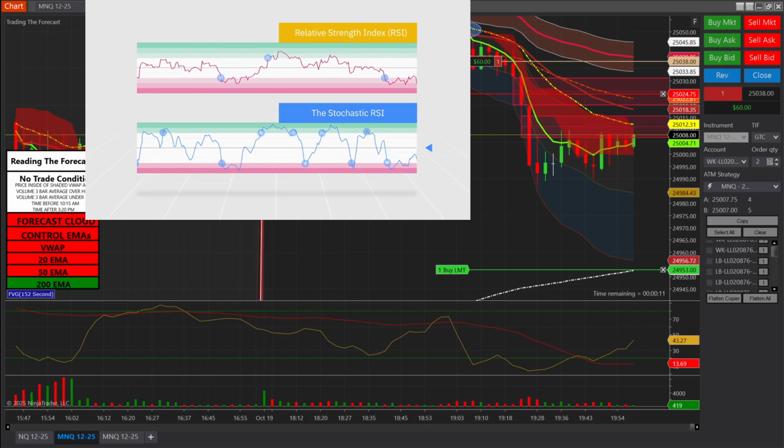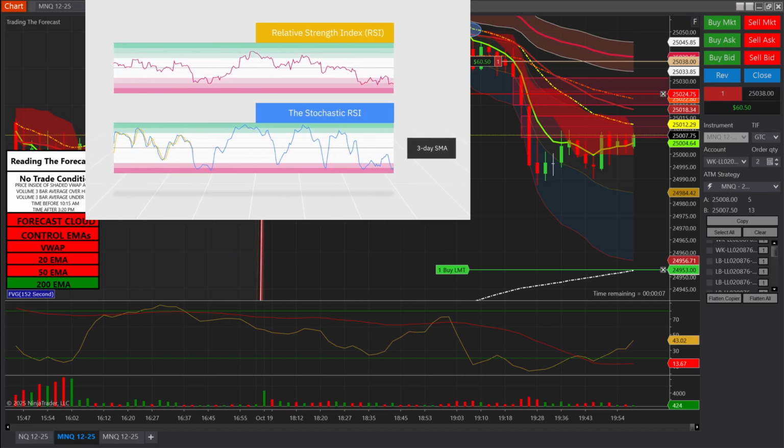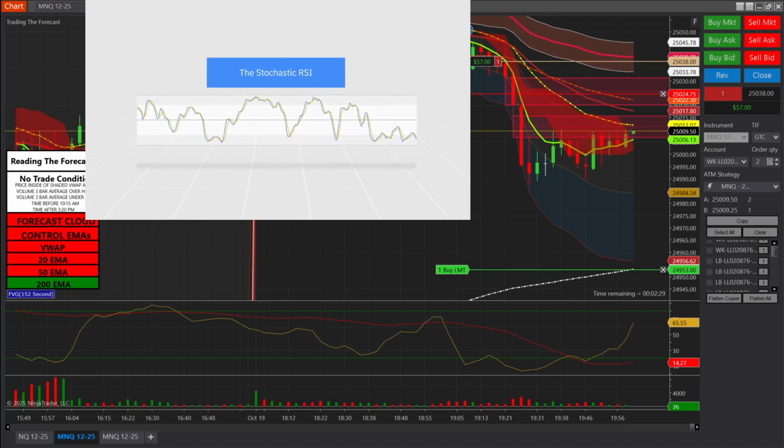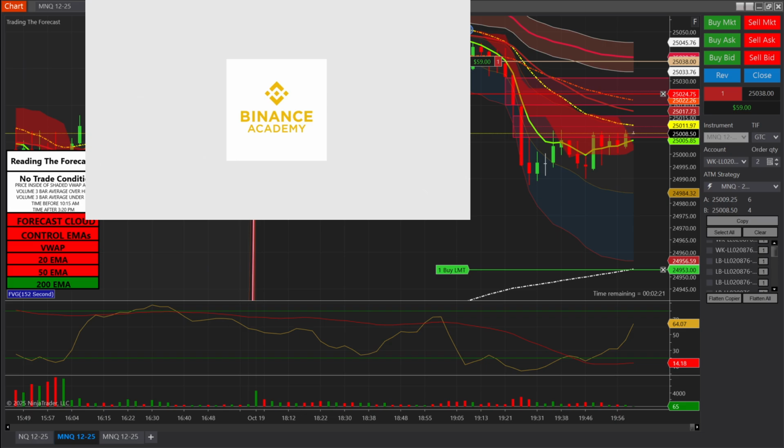Due to its increased speed and sensitivity, some charts include a 3-day simple moving average along with the stochastic RSI line. The SMA acts as a signal line and is meant to reduce the risks of trading on false signals. As such, the stochastic RSI should be used along with other tools to help confirm the signals it creates, especially in volatile markets. To learn more about technical analysis indicators, don't forget to watch our other videos at Binance Academy.